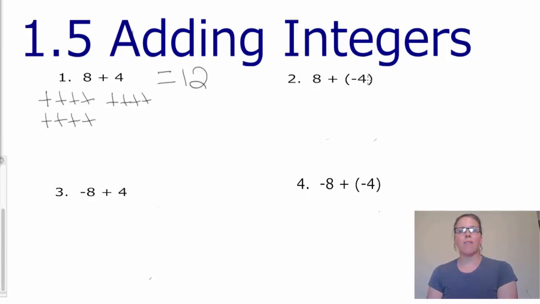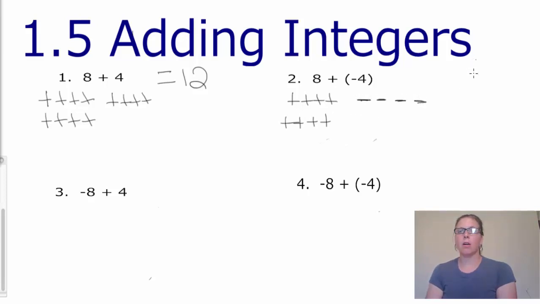Okay, let's go over here to number 2. 8 plus negative 4. You'll learn this is the same as 8 minus 4. But right now, how it's written, 8 plus negative 4. So you have to get used to seeing it both ways. That means we have 8 positives again, and then we have 4 negatives.